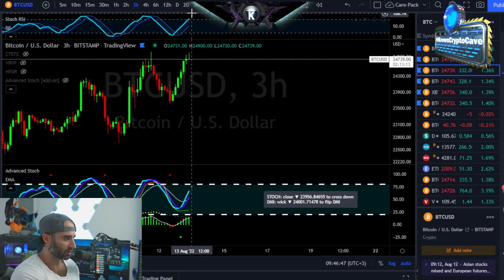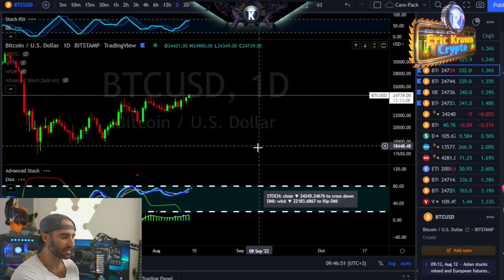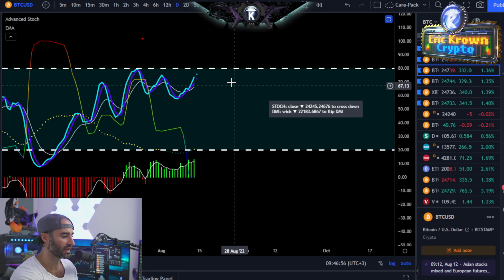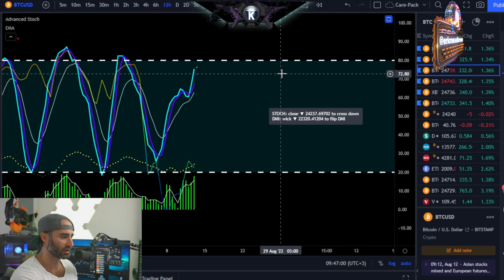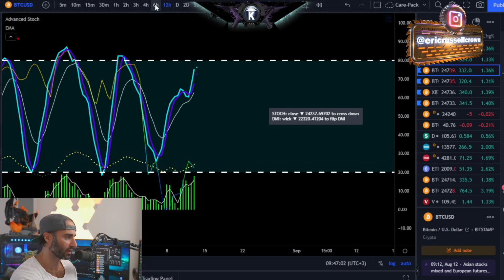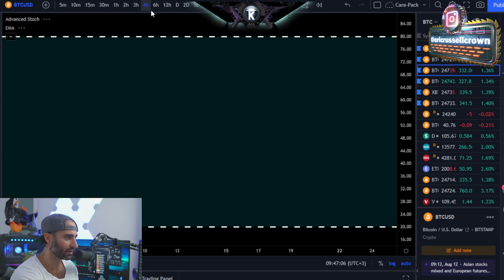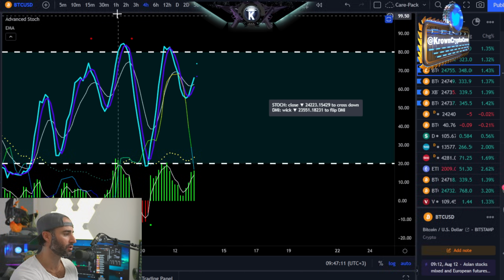I guess we could very briefly go over short-term stochastic momentum. Daily will continue to move to the upside on spot price action as long as Bitcoin's closed above 24,250. 12-hour will also be moving to the upside as long as Bitcoin's above 24,250, same number right there. 6-hour is also going to be upside as long as Bitcoin's above 24,250, and 4-hour is also going to be posturing to the upside as long as Bitcoin's above 24,200.